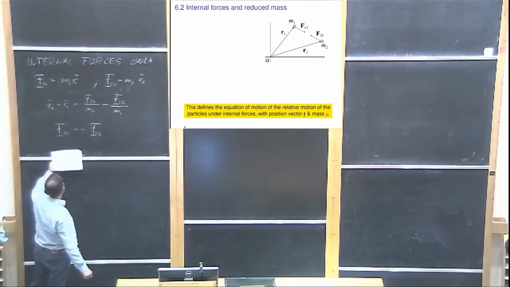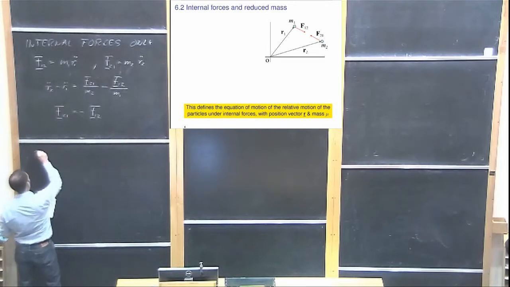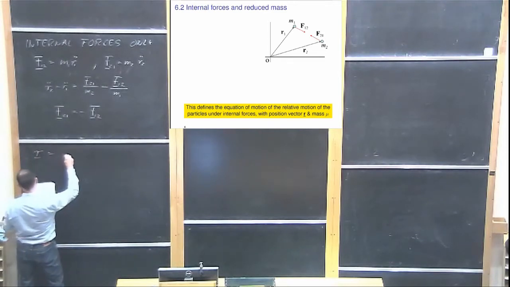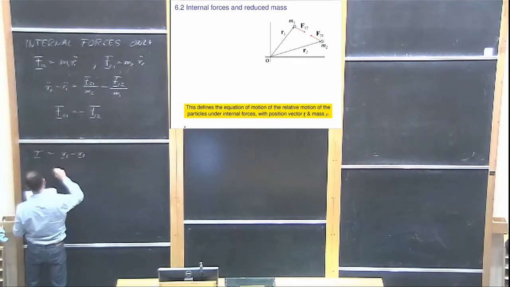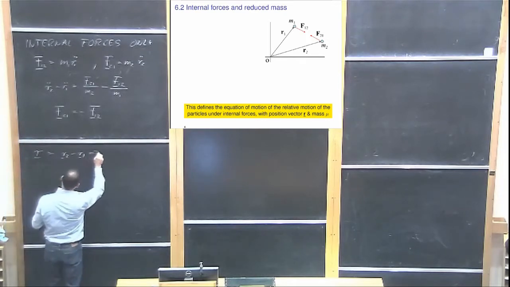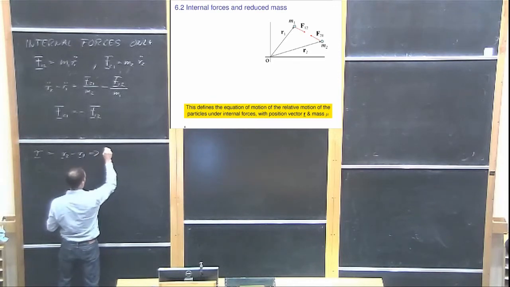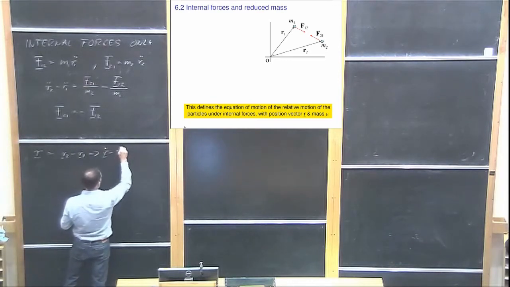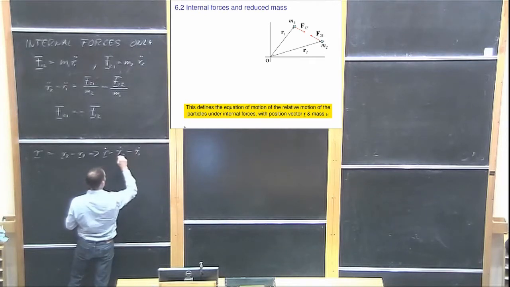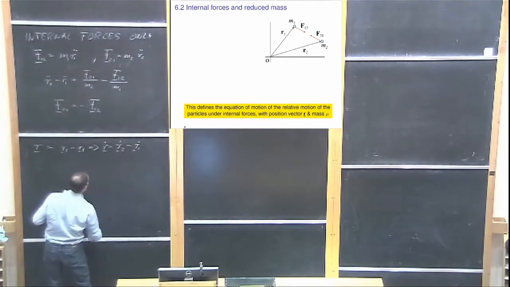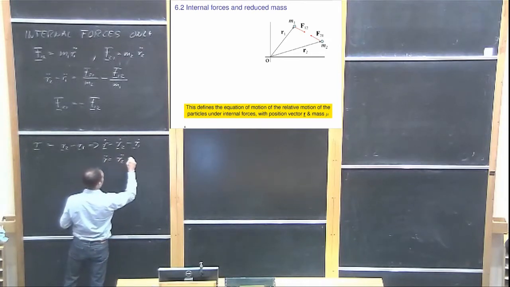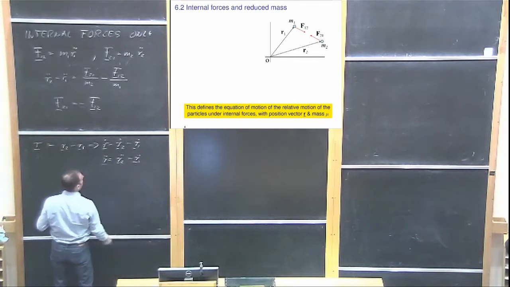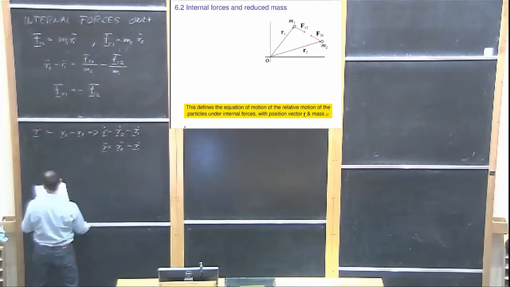And if we define R equals R2 minus R1, we can of course do that game: R dot equals R2 dot minus R1 dot, and hopefully it is clear then that R double dot equals R2 double dot minus R1 double dot. So for the acceleration we just differentiate with time one after the other.